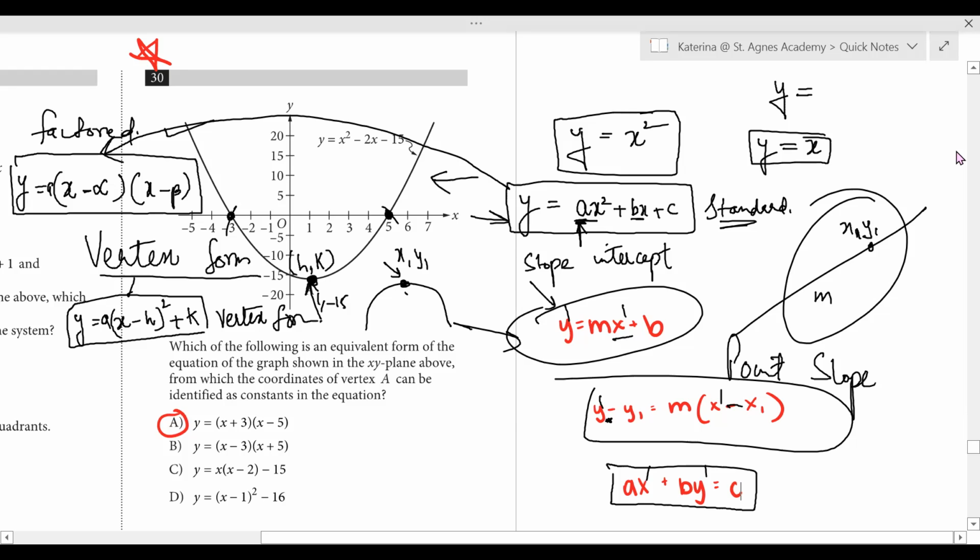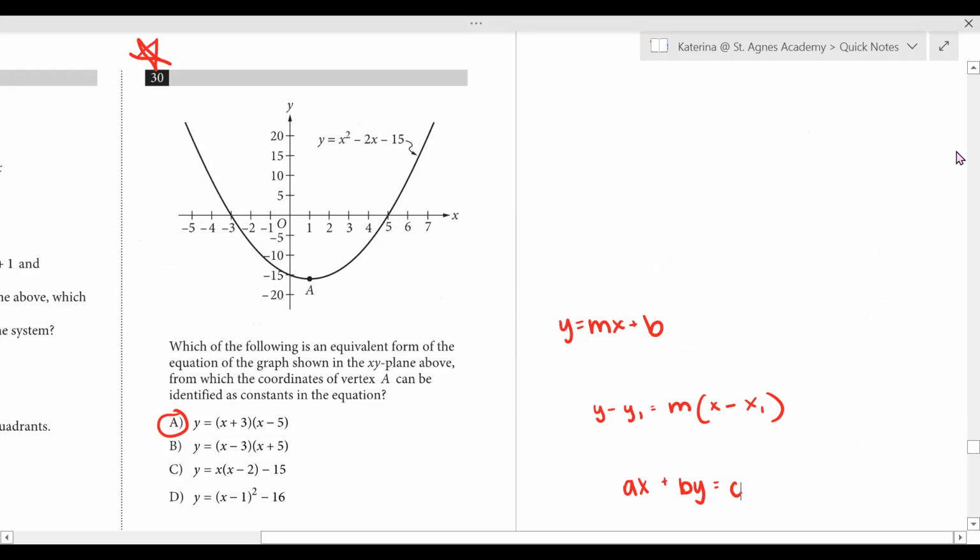The vertex form we can do a little bit later, maybe. No, we have to do it here also, because we're having a question containing the vertex form. So I'll be removing everything. Now, I'll be writing this again.